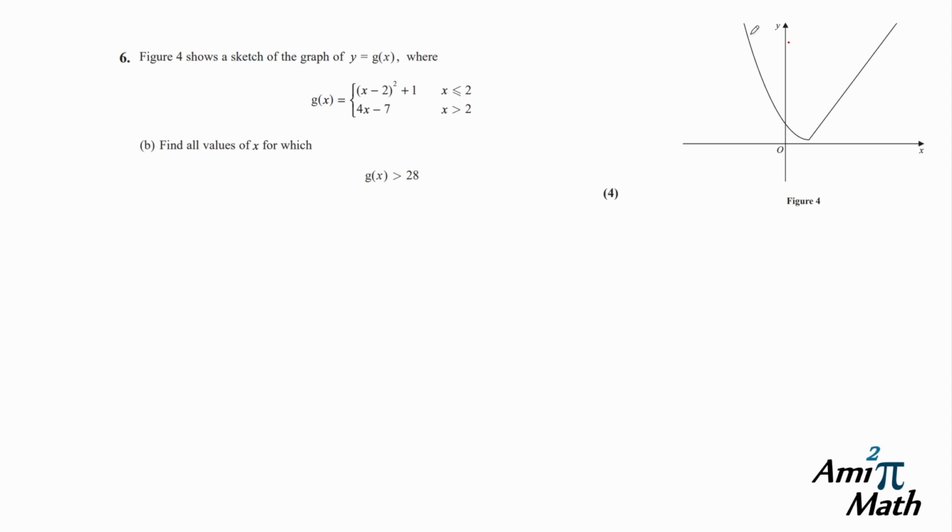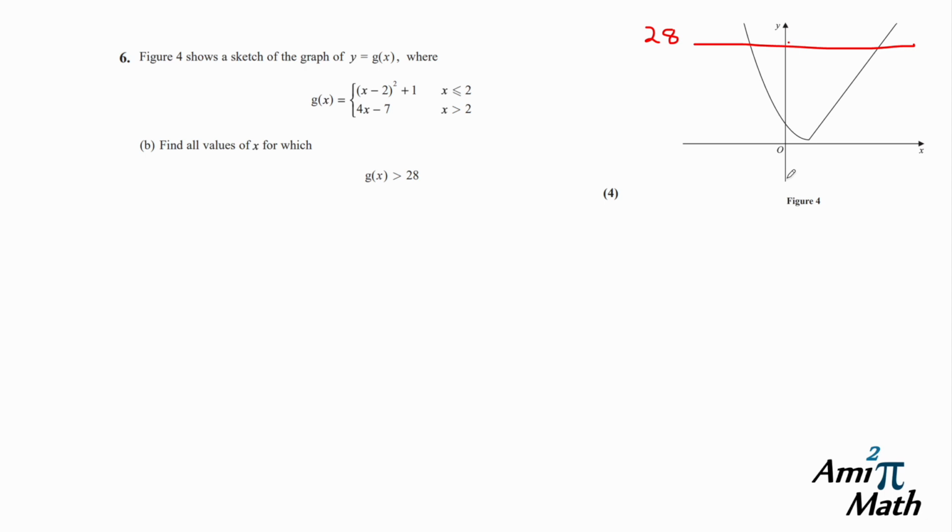Okay, find all the values of x for which g of x is greater than 28. Okay, for this question, what we're basically going to do is, let's just draw out y equals 28 on this curve. We're going to do it somewhere here, and we're just going to write 28. And we're going to set each of these equations equal to 28, so the first equation being this one.